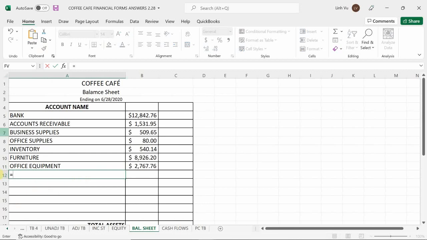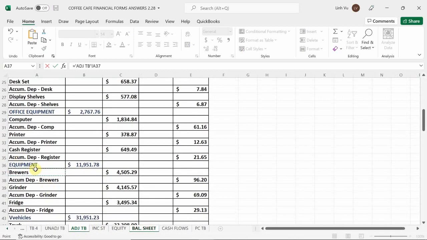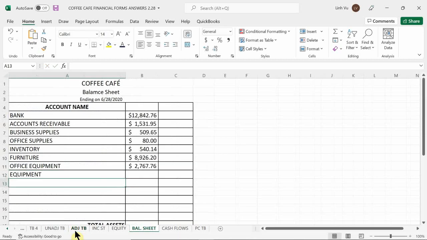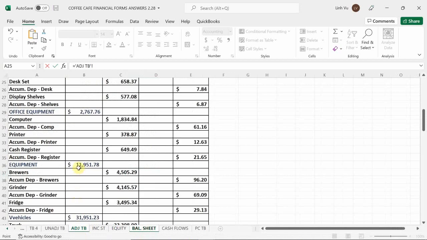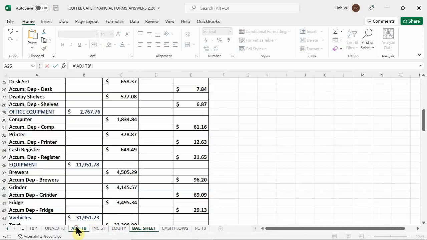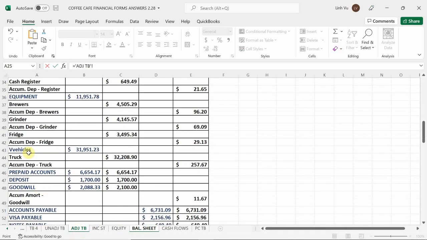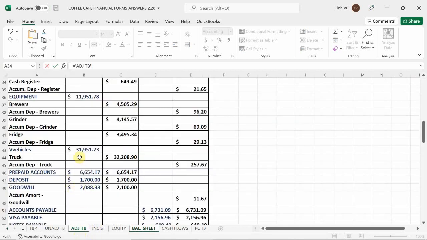Okay. Next I have on the list here is equipment, right? I still have equipment. My equipment is right now at $11,000. Okay. Next asset I have here is my vehicles. My vehicles is currently right now at 31, right?